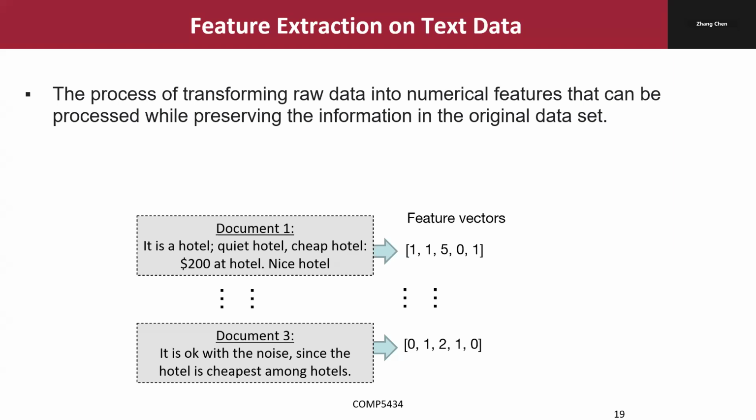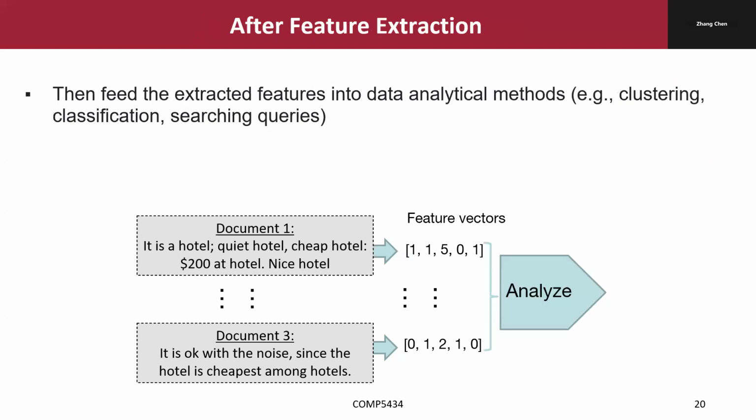And second, with those feature vectors, we will continue our analysis. We will analyze those feature vectors, and that will allow us to perform the following steps. Of course, the essential idea is to gain insights from the data.